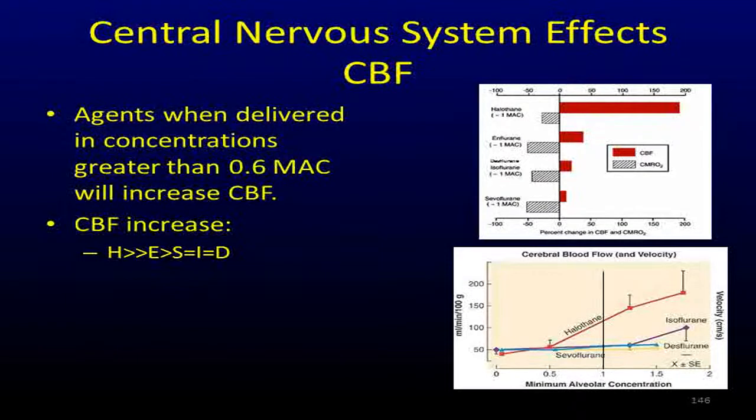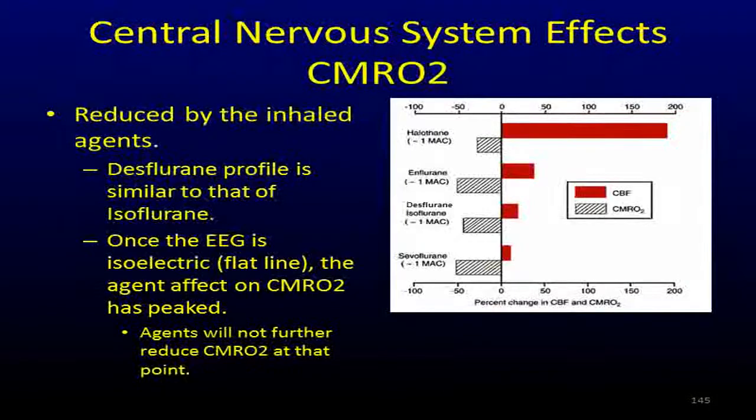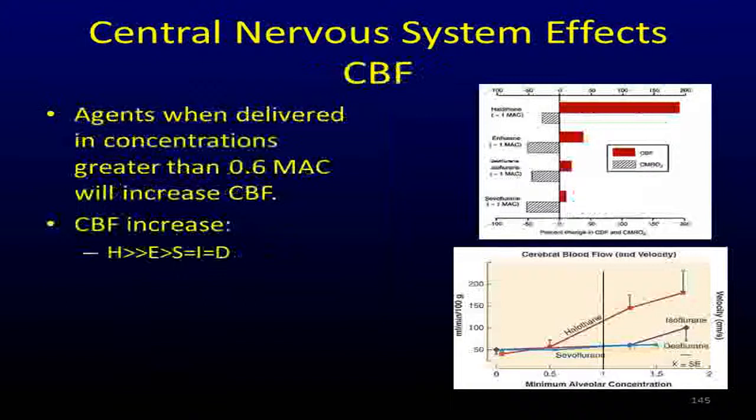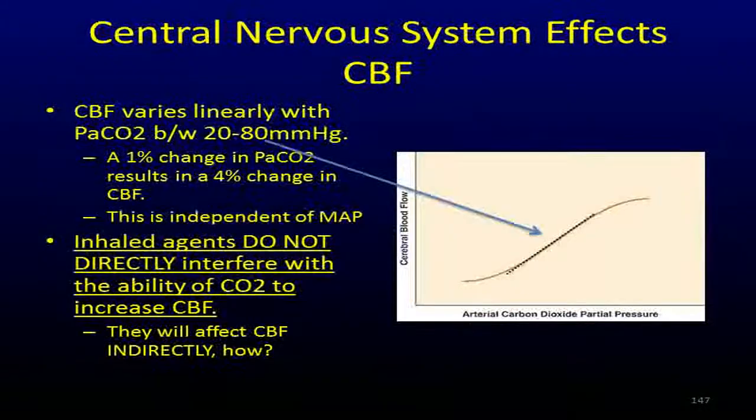So I give a MAC of agent, whether it's desflurane or sevoflurane, and I'm going to decrease my CMRO2 while simultaneously increasing my cerebral blood flow. That phenomenon is called uncoupling. Uncoupling is a generic term, but in this instance, it's just a divergence in 2 directions. I think I nailed that point.